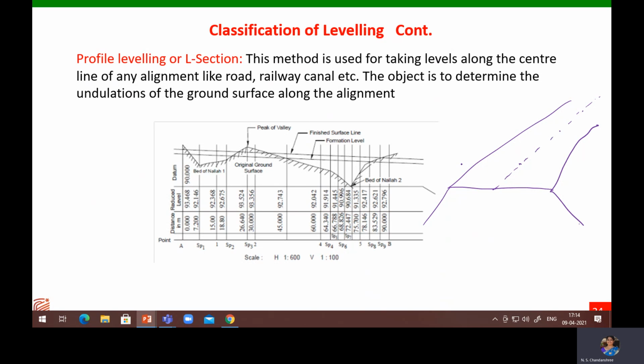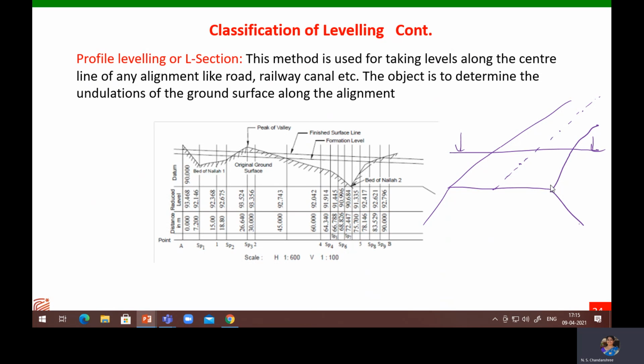The cross section, or profile section, or C section, is the profile along this section. So profile leveling means getting the profile of the line, that is, getting the elevation of the land both in the longitudinal as well as in the transverse direction.